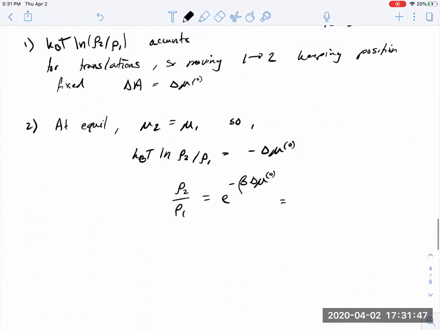So at equilibrium, if I want to know how much of the solutes are in phase 2 relative to what their concentrations are in phase 1, all I need to know is what the non-translational parts of the partition functions are in phase 2 relative to phase 1.